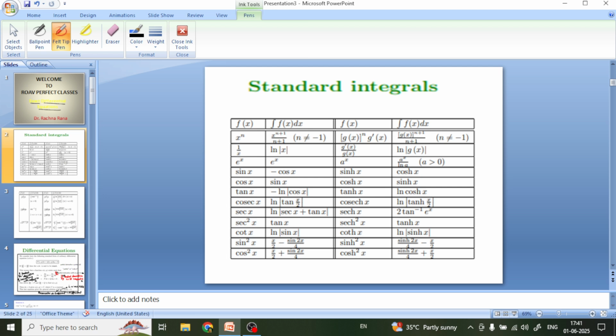Okay, so I will repeat it. What is a differential equation? A differential equation includes derivatives of one or more unknown functions.